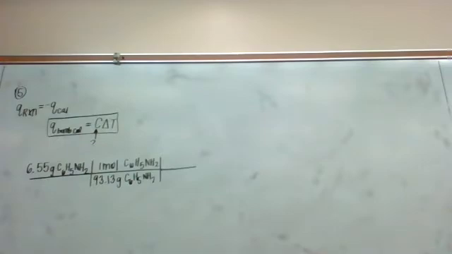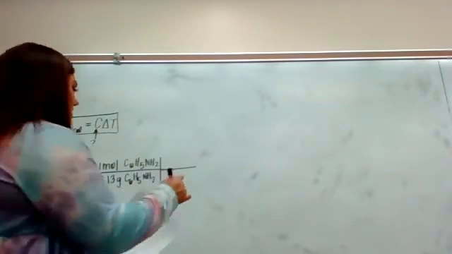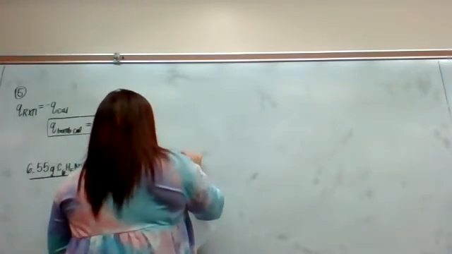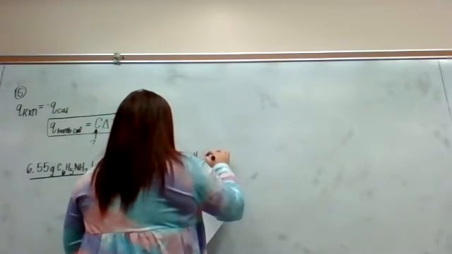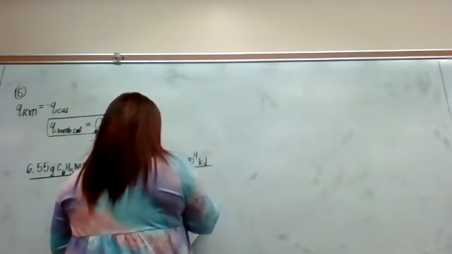All right, so I've just converted it to moles. Now I look at my equation and I see that for every 4 moles of aniline, I will give off a negative 1.28 times 10 to the 4th kilojoules of heat.